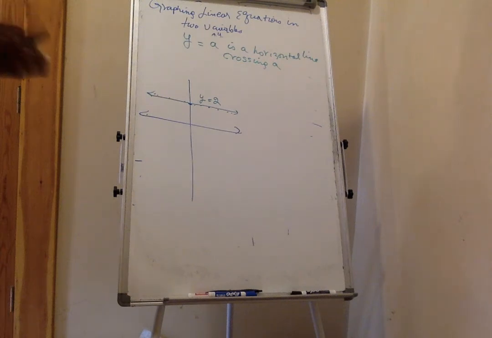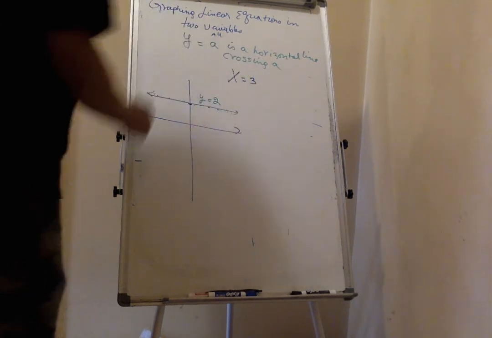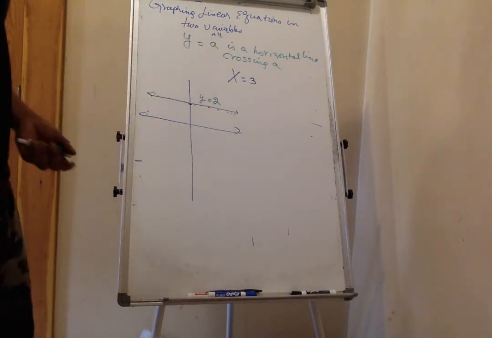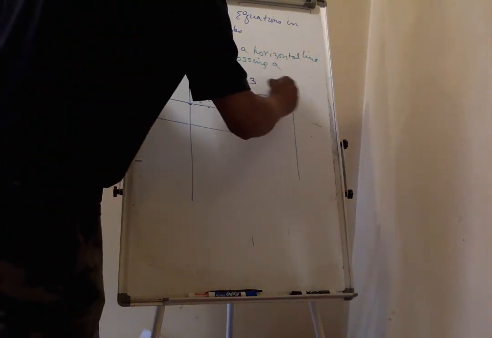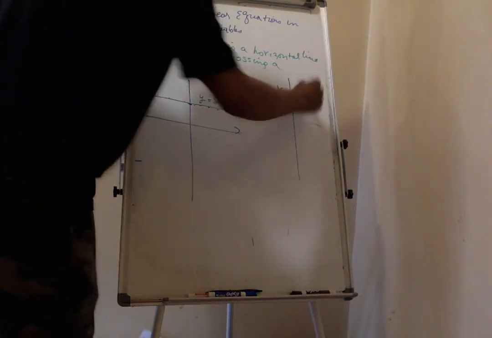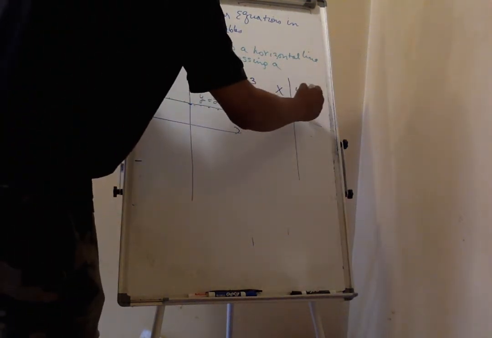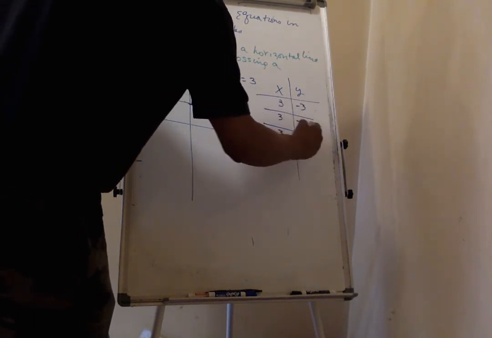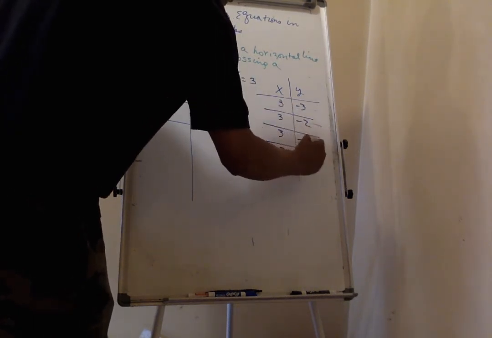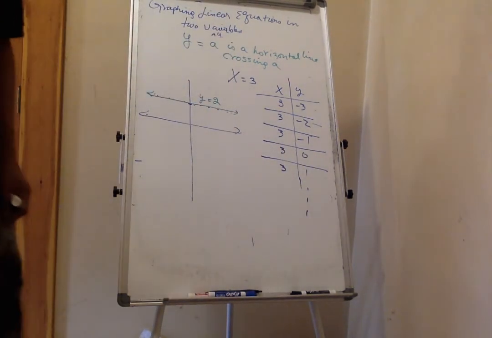Now, let's look at what about if you have x is equal to 3. Again, it's telling me that all values of y are from -infinity to infinity. So meaning, x is equal to 3, and (3, -3), (3, -2), (3, -1), (3, 0), (3, 1), and it goes on forever.